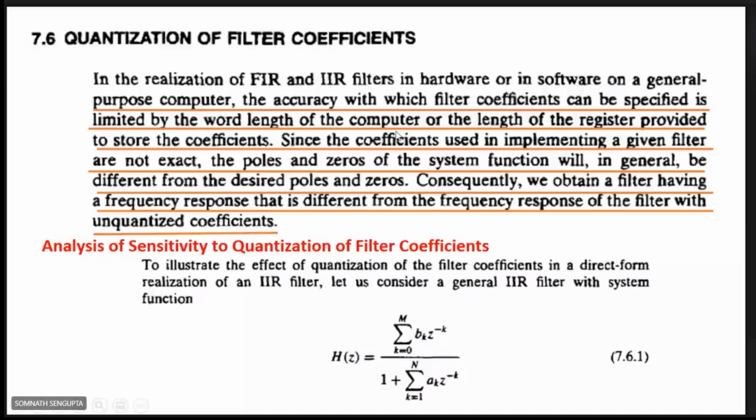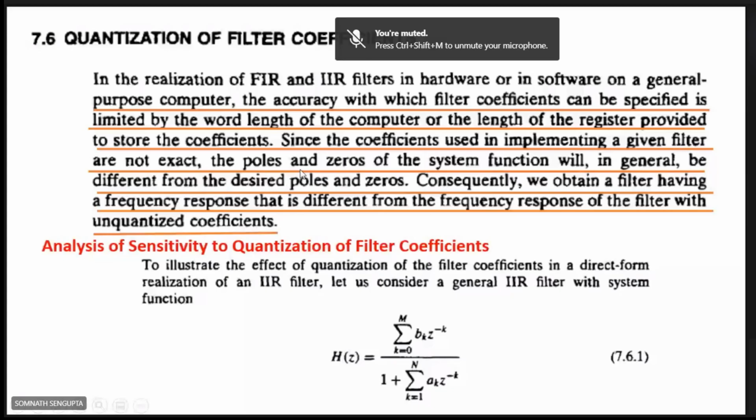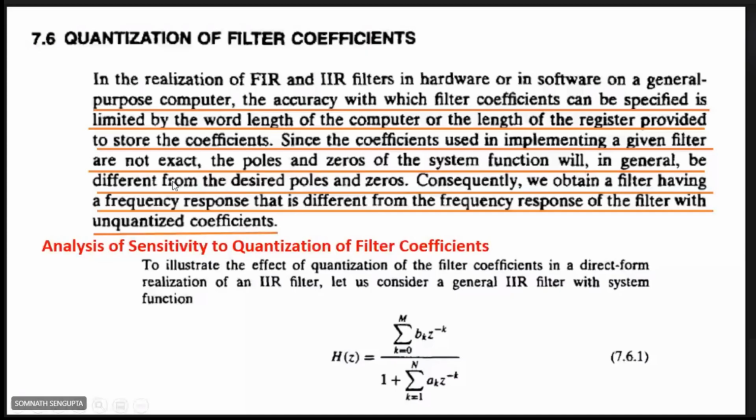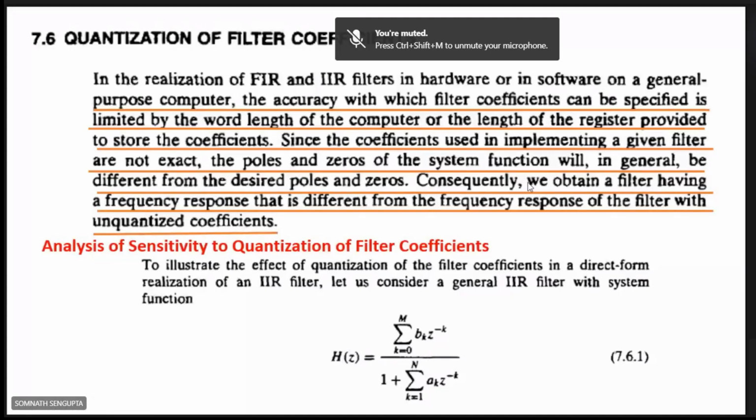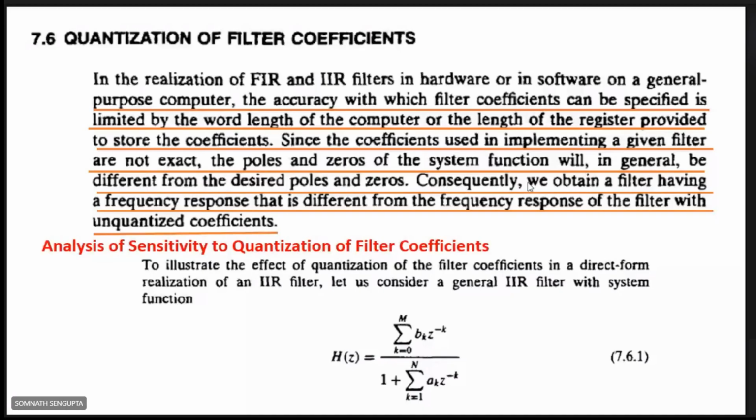Since the coefficients used in implementing a given filter are not exact, the poles and zeros of the system function will, in general, be different from the desired poles and zeros. So you cannot implement the desired poles and zeros using a fixed storage computer system.